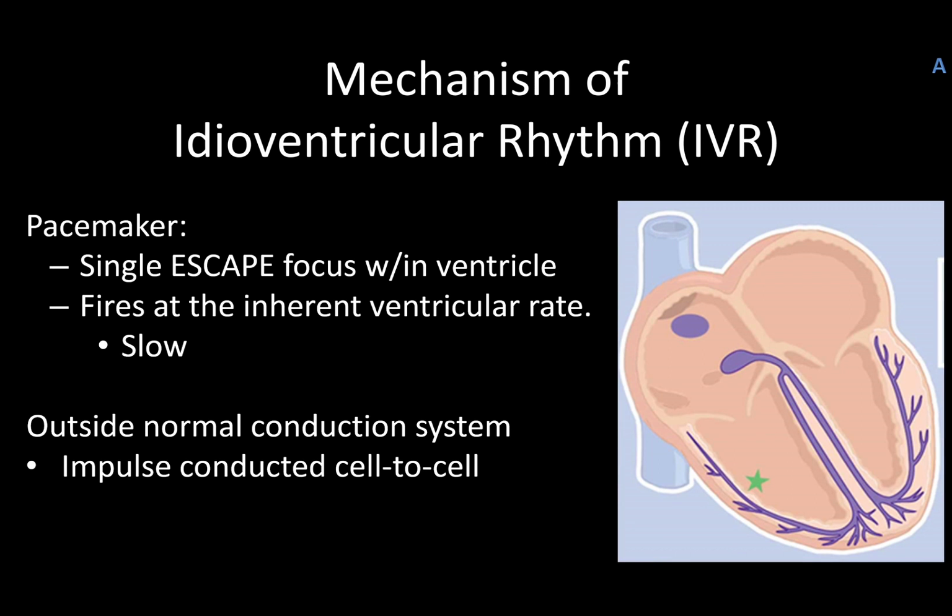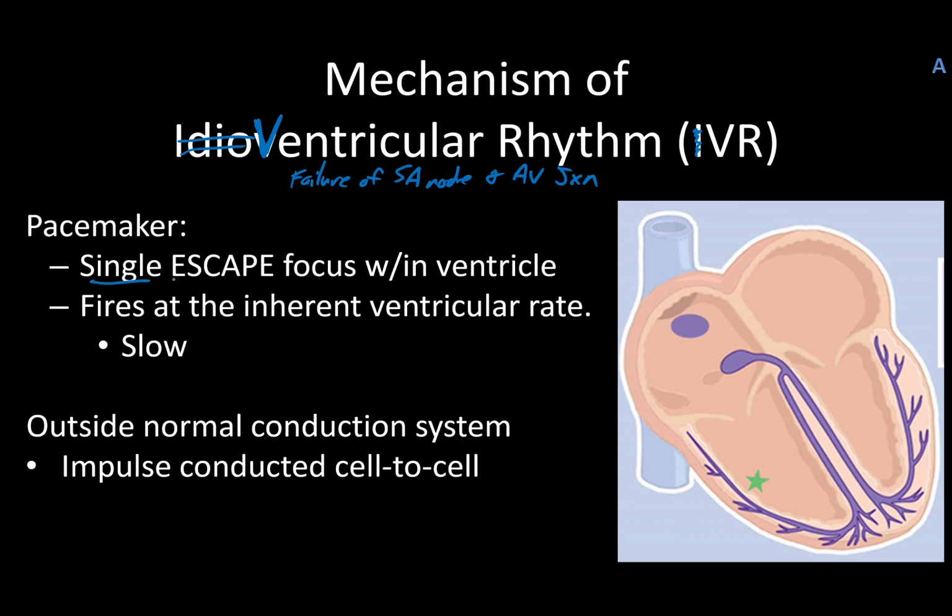Mechanism of idioventricular rhythm. Another way to look at it is you can get rid of the I and just call it ventricular rhythm. The idea is that it occurs when there is a total failure of the SA node and the AV junction. They're both completely non-functional.